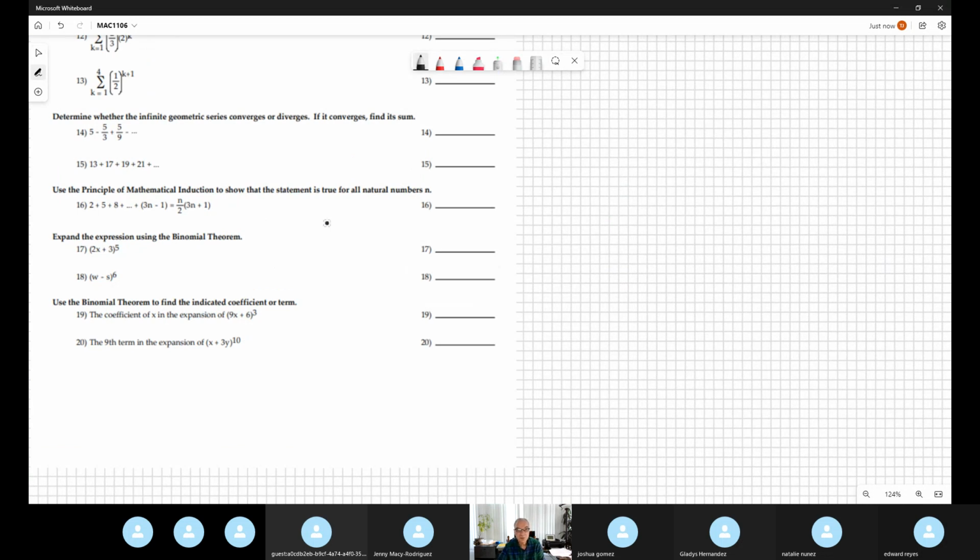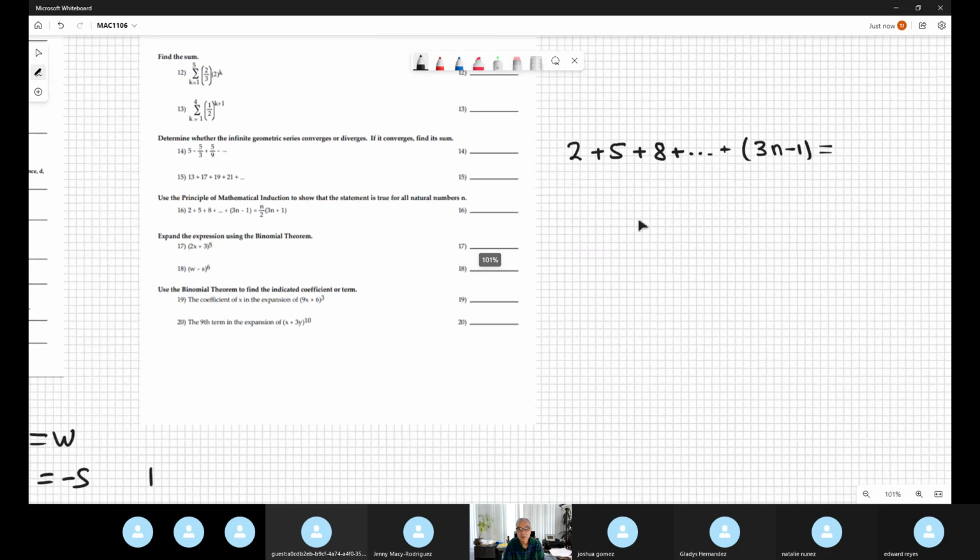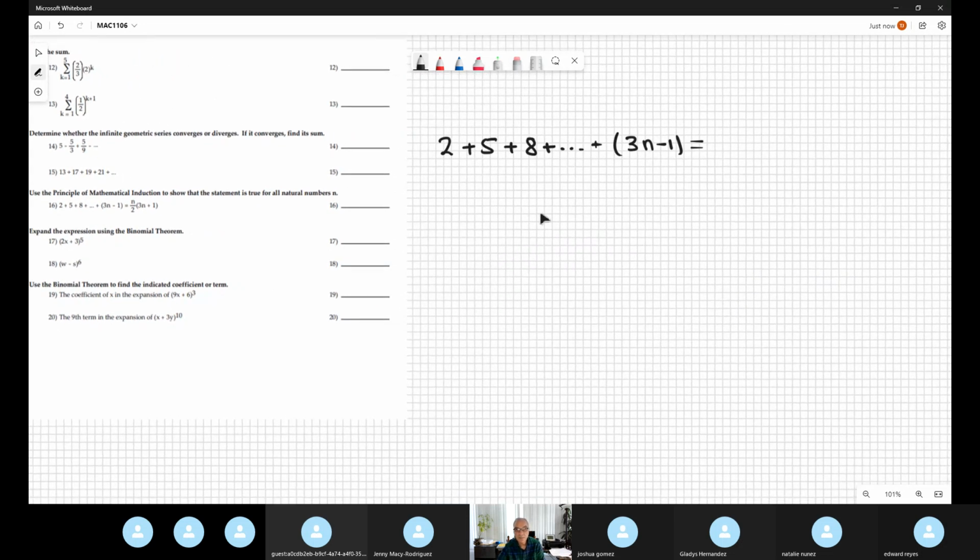So I need to prove 2 plus 5 plus 8 plus dot dot dot plus (3n minus 1) is always equal to n over 2 times (3n plus 1).